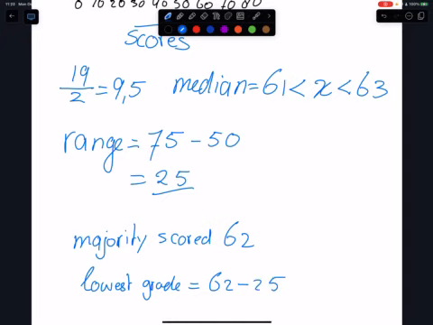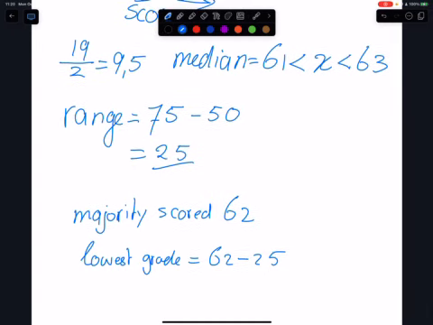That is probably the lowest score. Remember, it's an estimate. You don't really know. Which gives us 37. Is it accurate? No. It's somewhere, I think, around there.